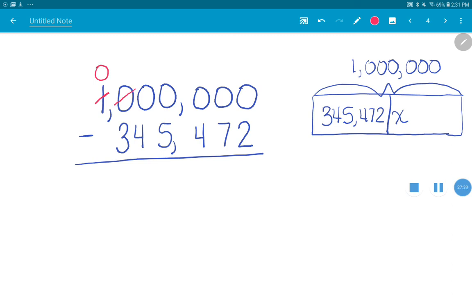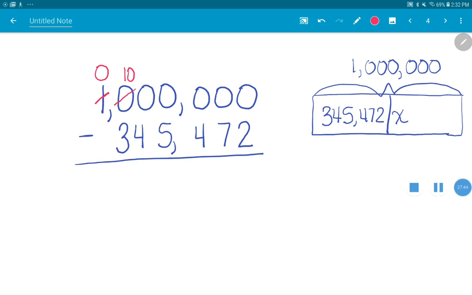Where am I going to give that million to, Jaden? Not to the ones yet. You give it to the 100,000s. I'm going next door, and that gives 1 million is the same as how many 100,000s? 10 100,000s.